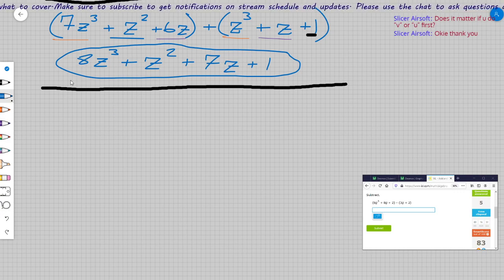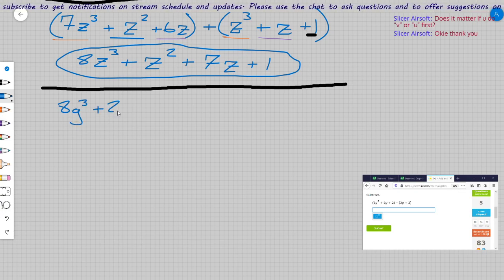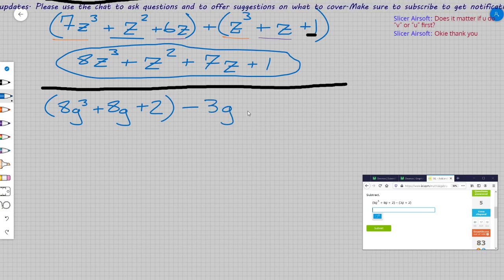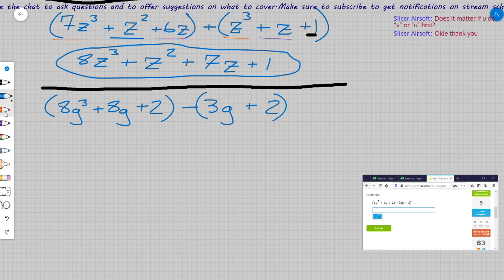We have 8g cubed plus 8g plus 2 minus 3g plus 2. Alright, so we're subtracting, so we're going to add the opposite.